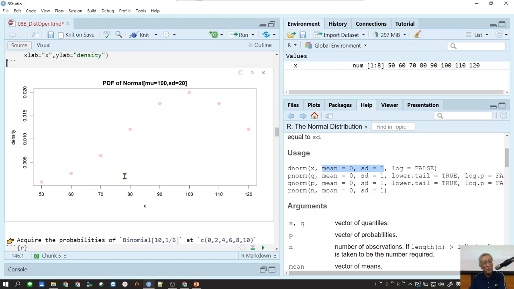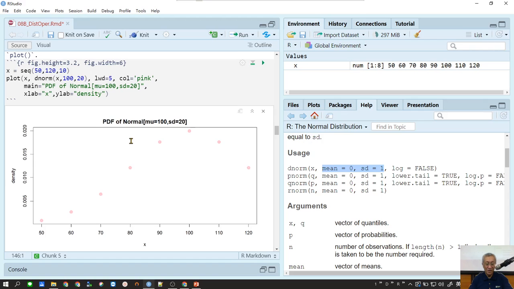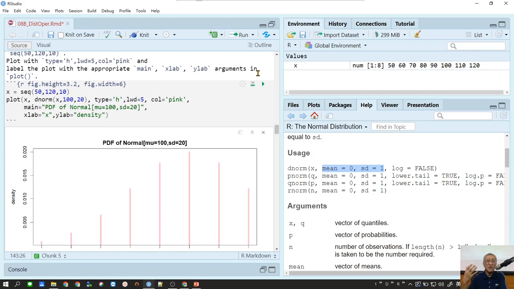So, well, maybe this is better than drawing a edge, right? So actually, this is better, right? Because they are density. It's not probability. And drawing this kind of gives you a wrong impression that it is the probability, right?